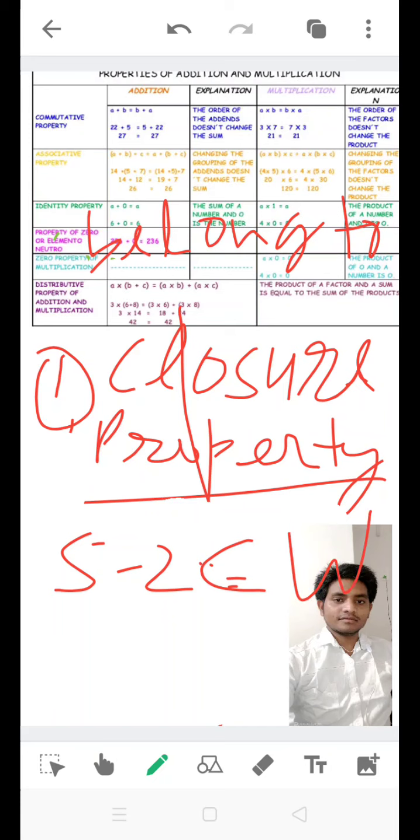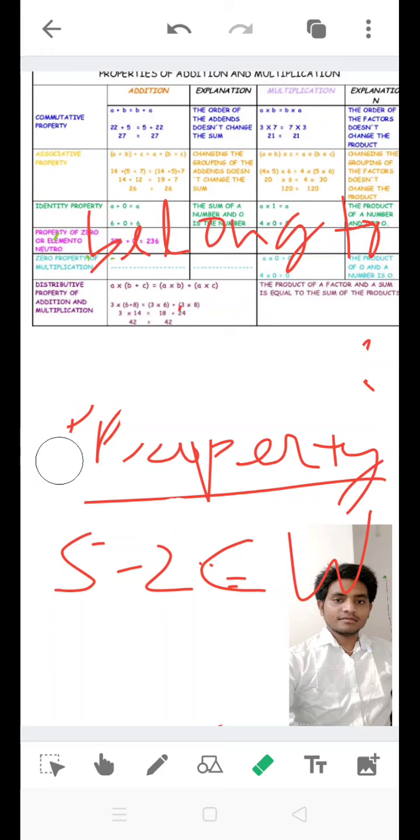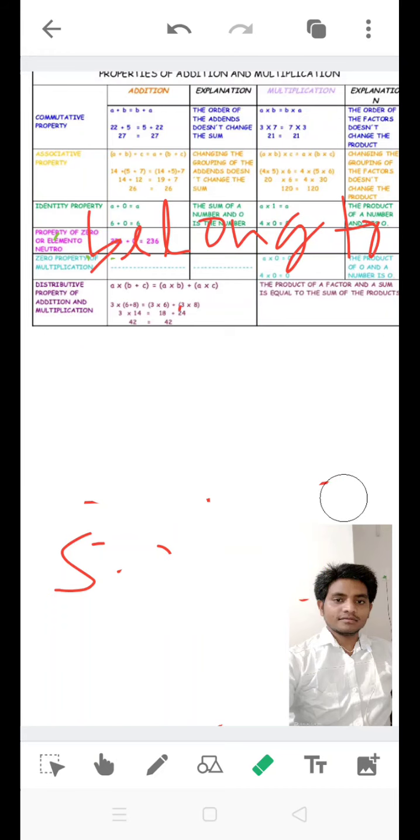Okay, dear students, the next one is the commutative property. The first one was the closure property, the second one is the commutative property.